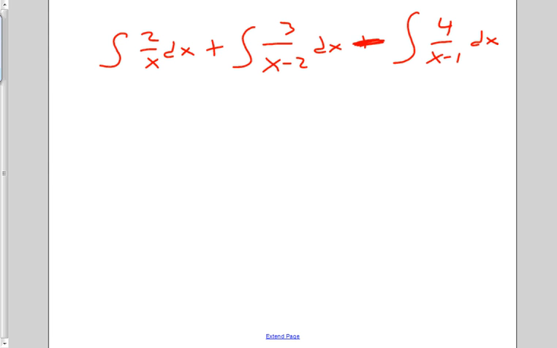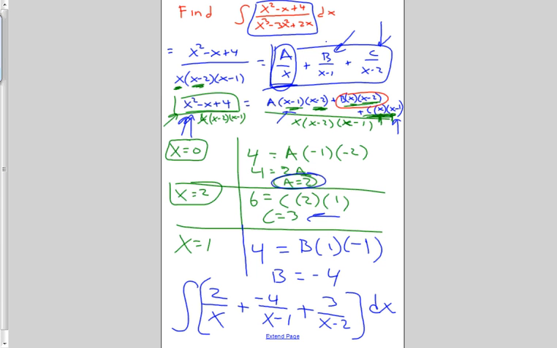And just to go back to that last page so that you can see that, I've just moved this one over to the right-hand side so that it's positive, positive, negative, and then I just split up each of these into separate integrals.